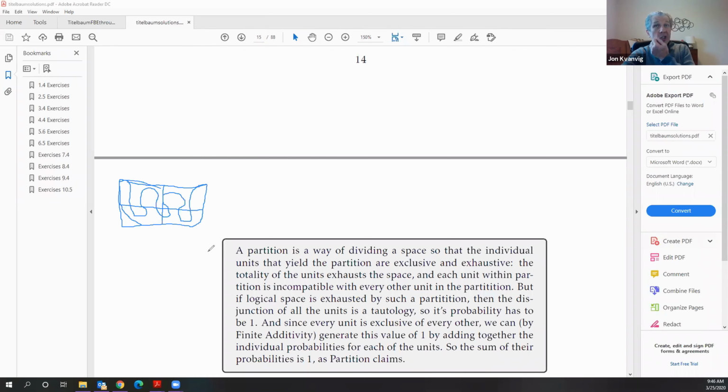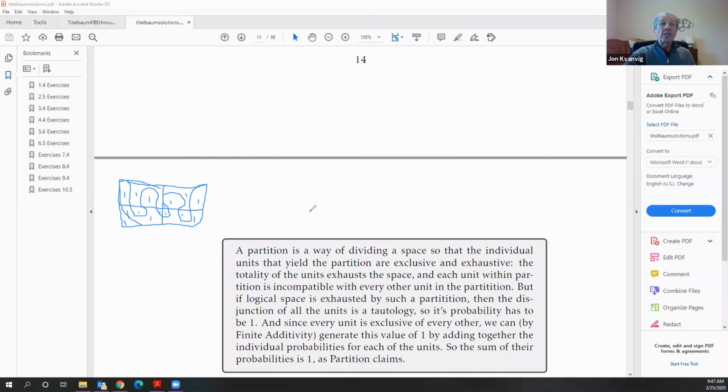It has a whole bunch more compartments now than our earlier ones, but it's just a way of carving up the space. So here you'd have 1, 2, 3. This is part of the second space. 4, 5, 6, 7, 8, 9, 10, 11, 12, 13, 14.